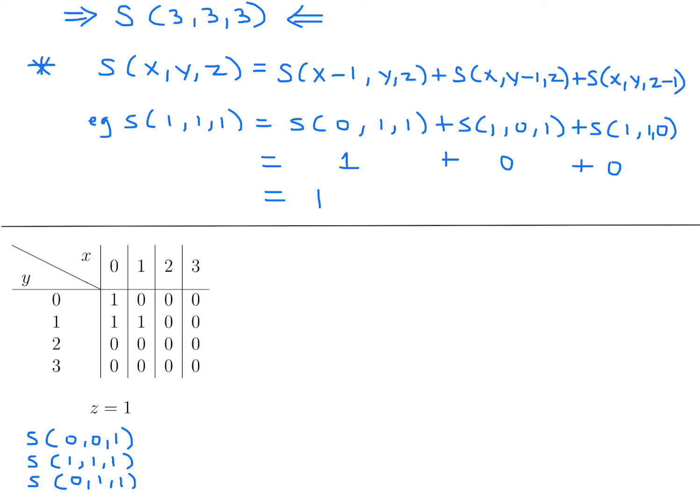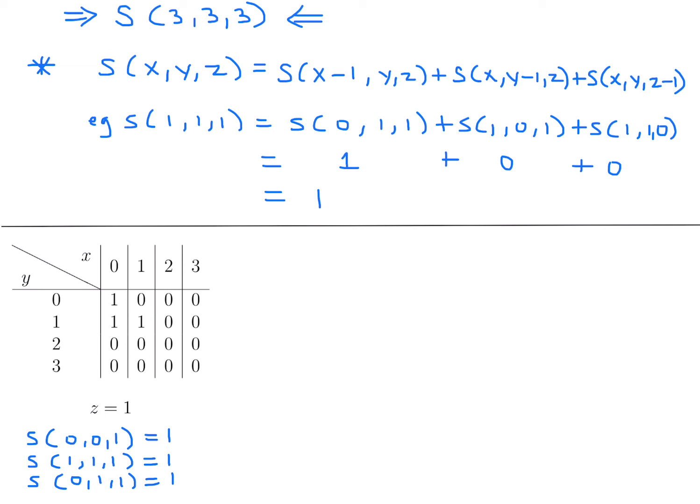Those are the only three this works for, that you can get any sequences, and they're fairly straightforward. These ones you can just calculate in your head without the recursive formula. And this is just one sequence, this is just one sequence, and this is just one sequence. That's why you see 1s there. Now what we have to do is insert what happens when z equals 2.